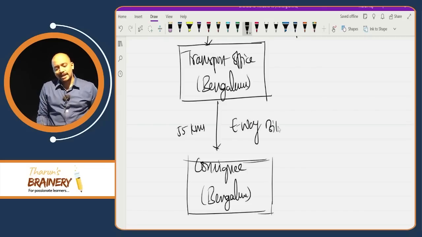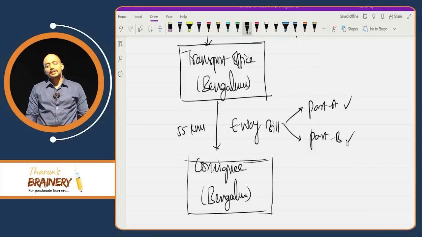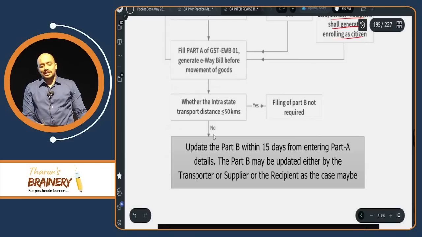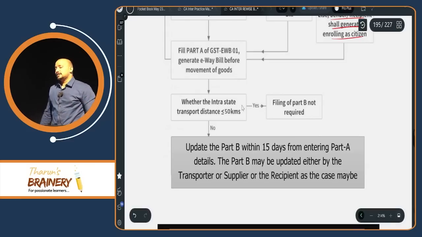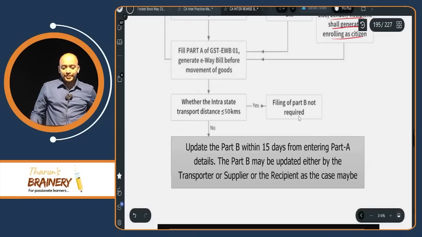Yes. Part A and Part B or only Part A? Both Part A and Part B. What if this distance is less than 50 kilometers? Part B not required. Got the clarity here? So that is this point. Whether it is intrastate transport distance up to 50 kilometers, filing of Part B not required.